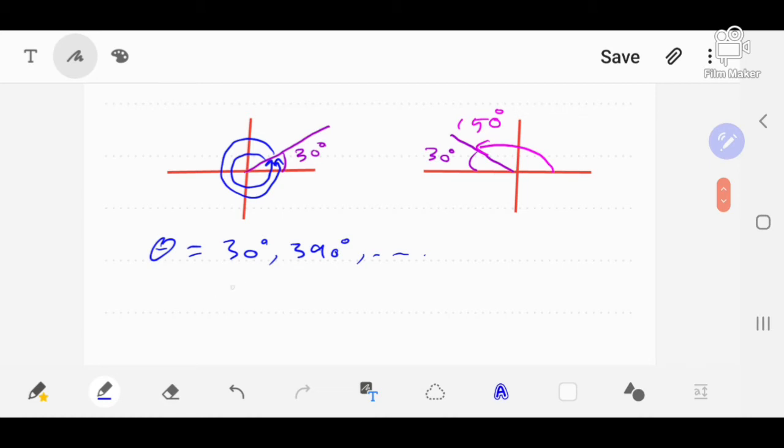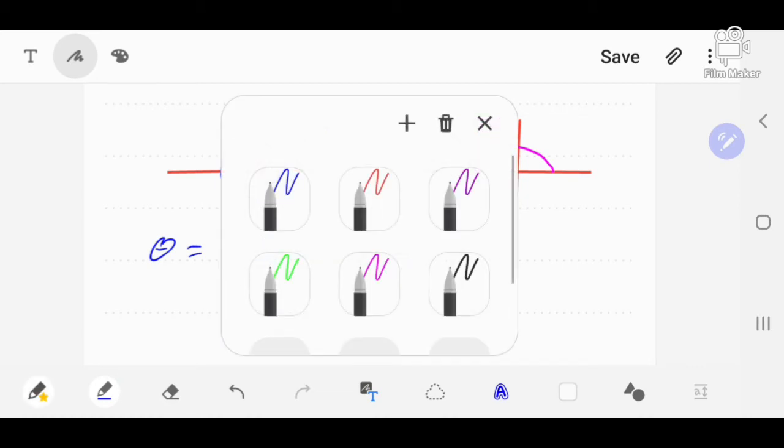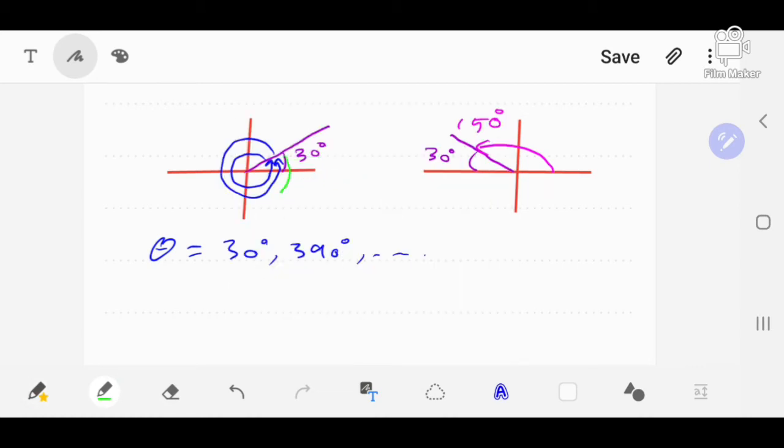Same thing as negative. It will be negative 330, and it will be another 360 for that, negative 690, and so on.